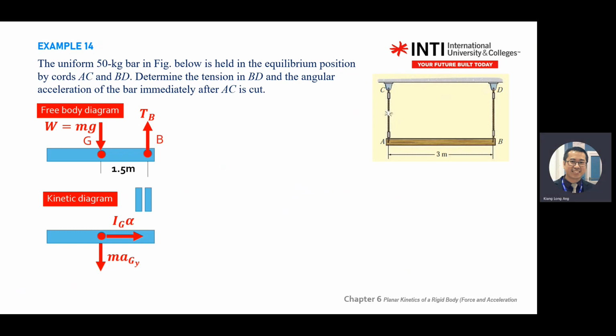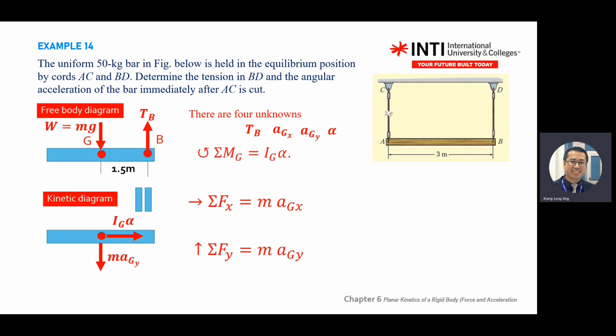So this one, you have IG alpha, you have M AG, Y. So there are a lot of constants again, but you still use the three famous equations, moment equation, F equals ma. So moment at center of mass equals IG alpha.